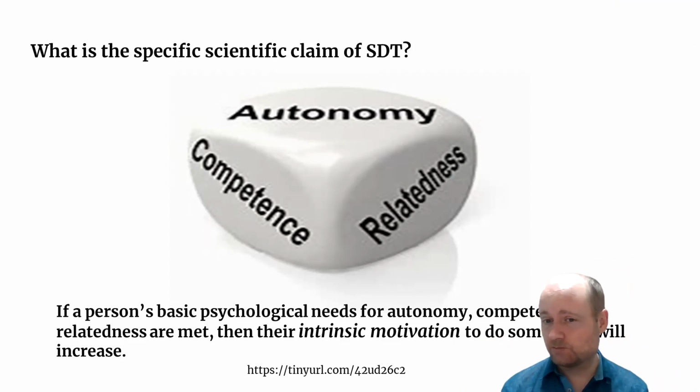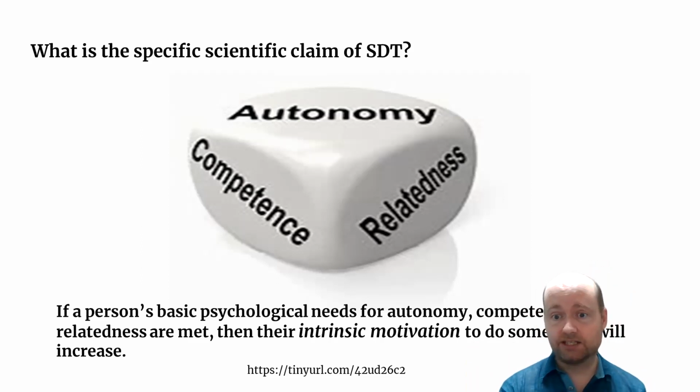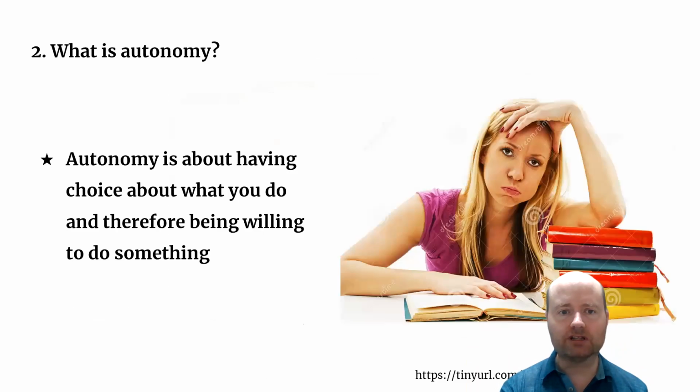The second way to think about intrinsic motivation is that it comes from the task that the student or the person is doing. So it's intrinsic to the task in some ways, and it's also intrinsic to the student. We will look at this in a little bit more detail as we move through the presentation today. So let's move on and look at the first of the core components, which is autonomy.